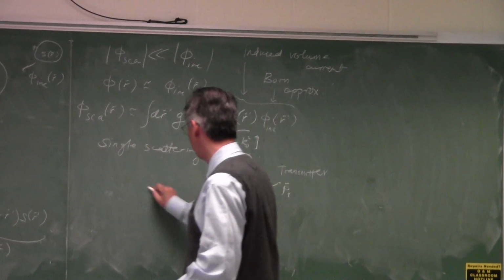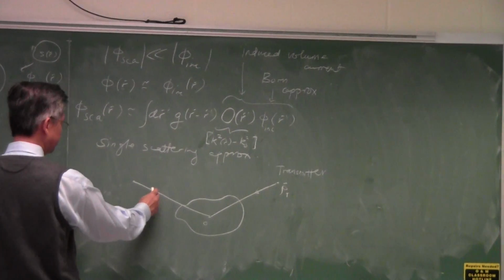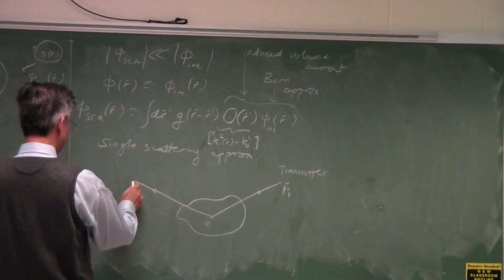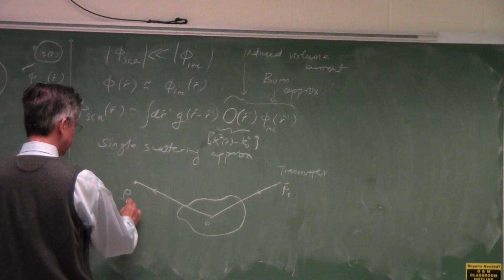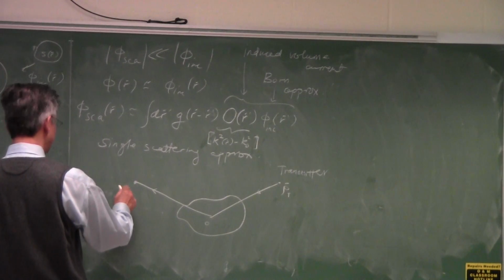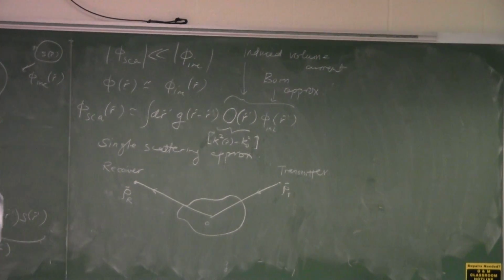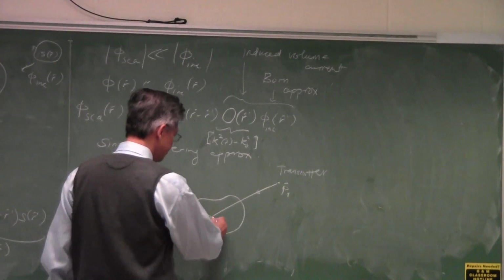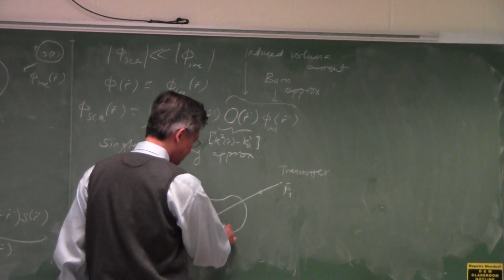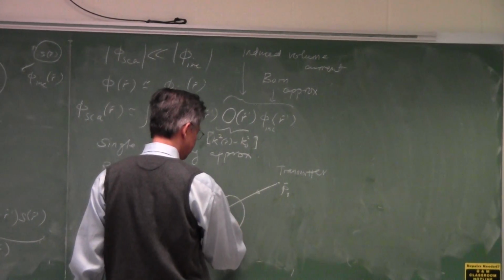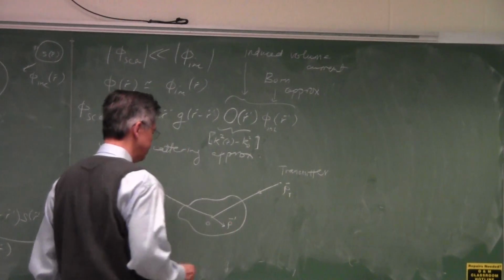And I'm going to measure with the receiver somewhere here. Okay, the receiver is going to be located at rho r, and this is where the receiver is. Okay. And the object is going to be distributed and give rise to volume current. The volume currents are going to be denoted with rho prime.